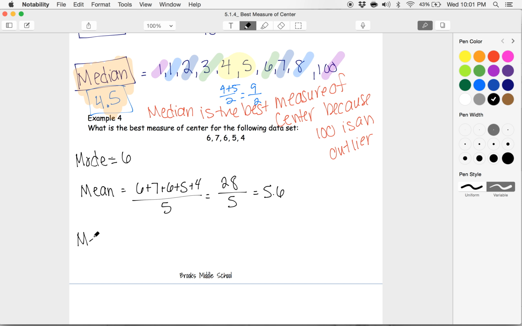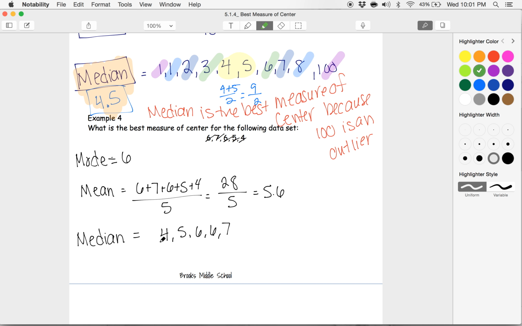And last is my median. Again, we're just practicing with these measures of center. Looks like 4 is my smallest, then 5, then 6, then 6, then 7. If I cancel, 4 and 7 goes away. 5 and 6 goes away, and it looks like my median is a 6. Now, which is the best measure of center? I'm going to say not mode, because there's only one repeat. And now I need to decide, is there an outlier?